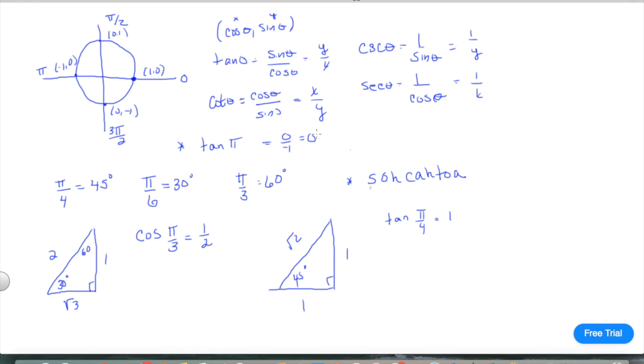The last thing I keep in mind is which functions are positive in which quadrants. And for that, some people remember all students take calculus, ASTC. For some reason, I always just think of the word CAST, starting in quadrant 4, C-A-S-T.